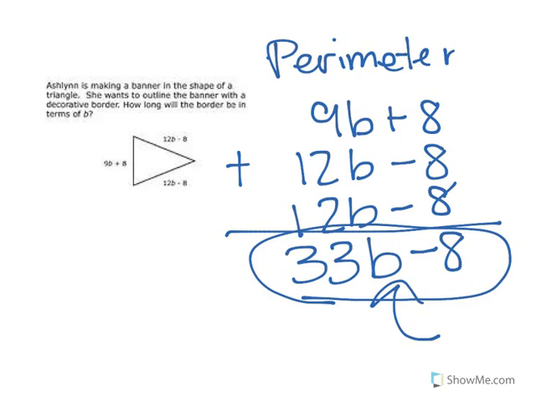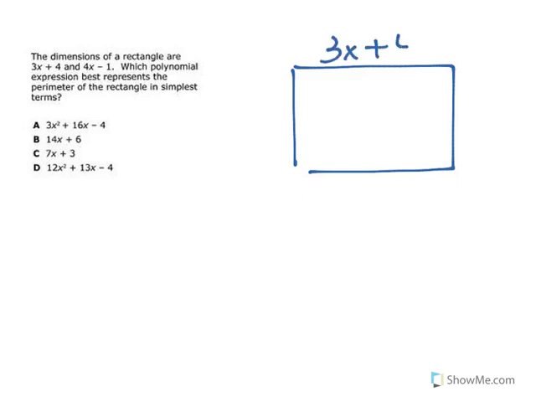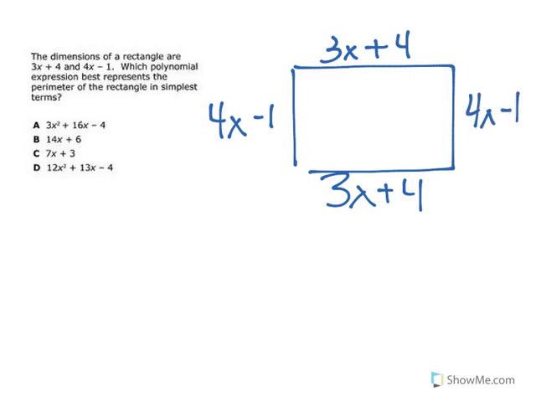Okay. Let's go to the second problem. The dimensions of a rectangle are 3x plus 4, 3x plus 4, and 4x minus 1. And I want to know which polynomial expression best represents the perimeter.